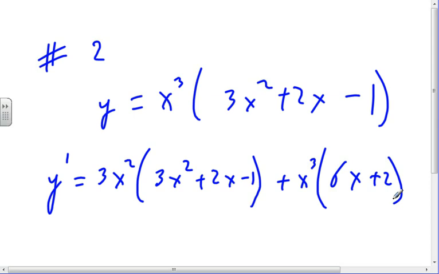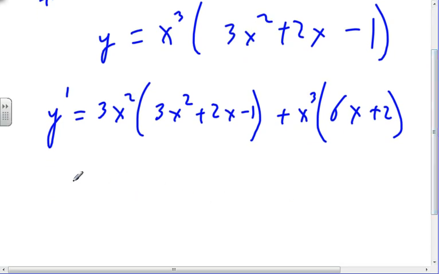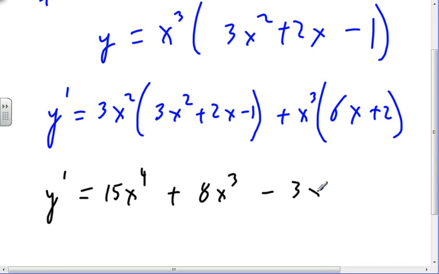There's no need to. This is a tech math combined class with pre-calculus. But I could continue, if I wanted to, and say y prime is equal to 9x to the fourth, and then 6, and no, 9 plus 6, 15. 15x to the fourth plus 8x cubed minus 3x squared.